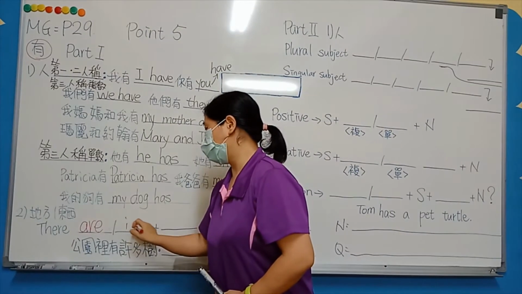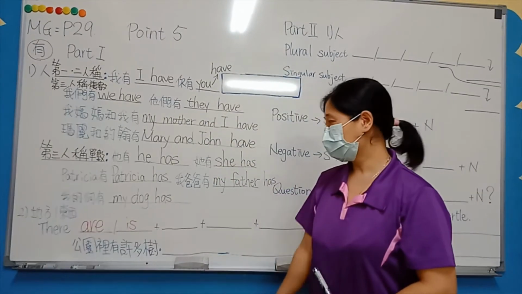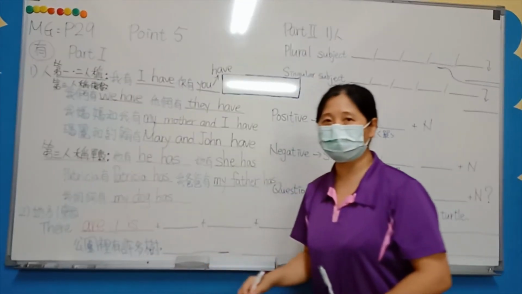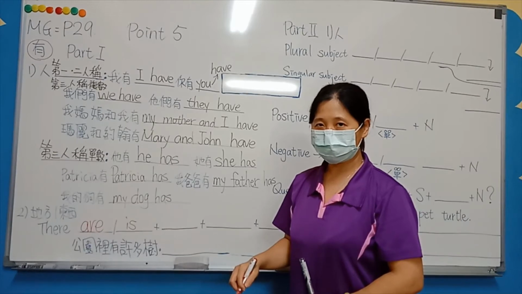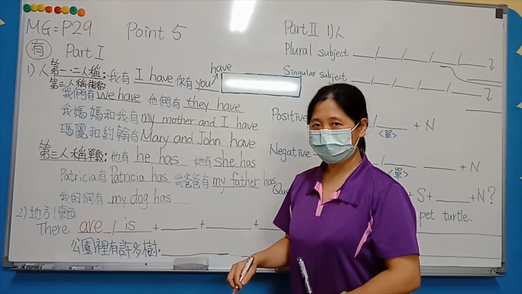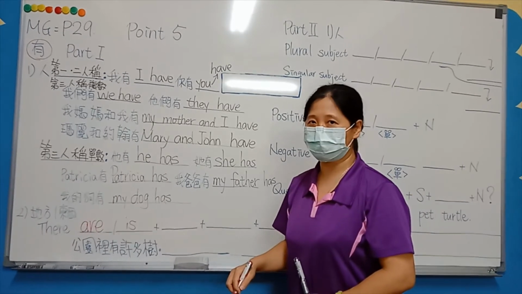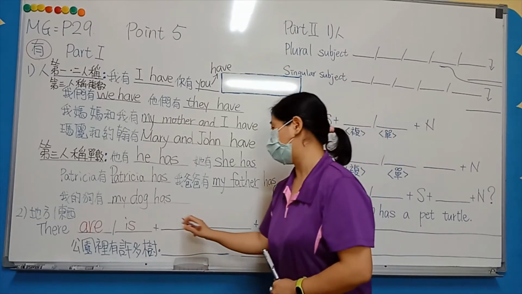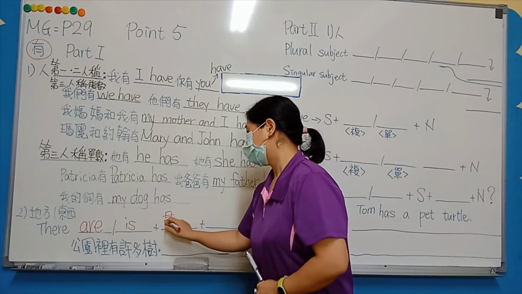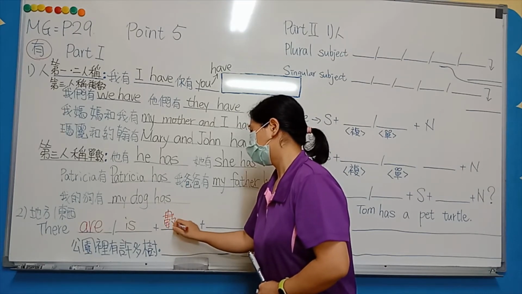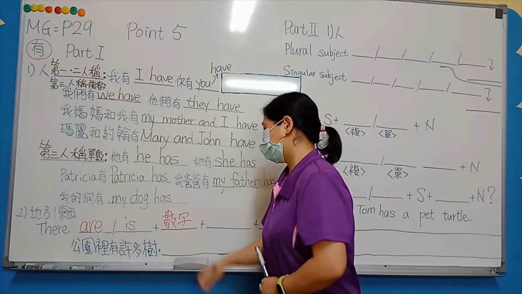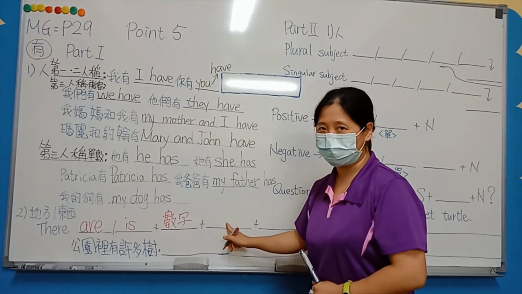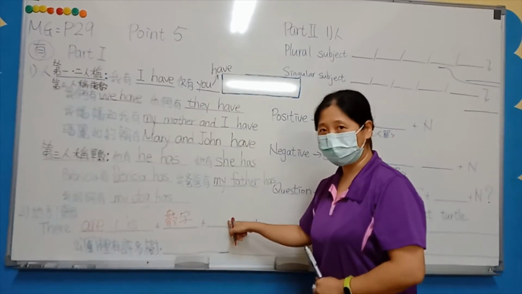Okay, if you have many, how about this one? So there is, right? After here, after are or is, what do you need to put? Okay, actually you need to put down maybe a number, okay? You said when to write down the number? It depends on your here. What's here?